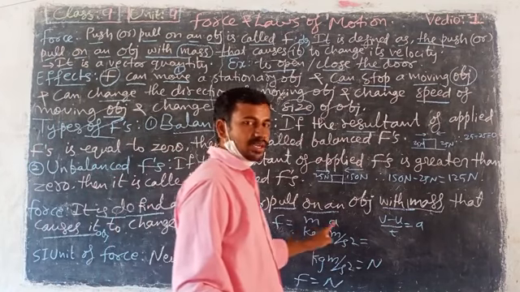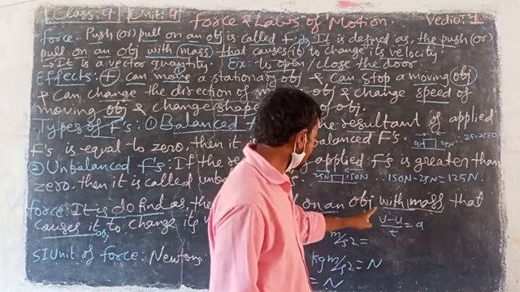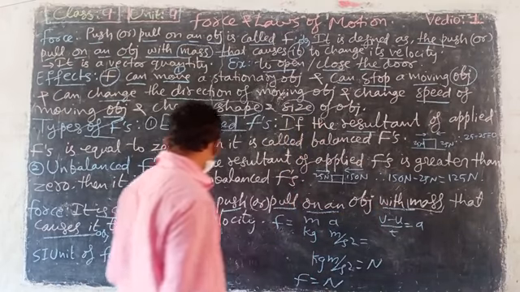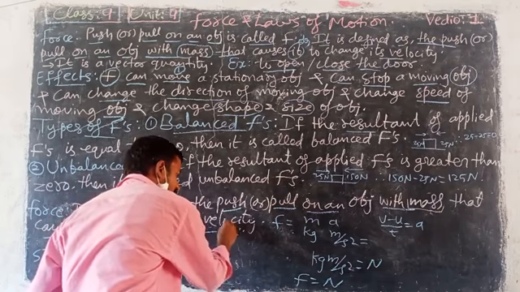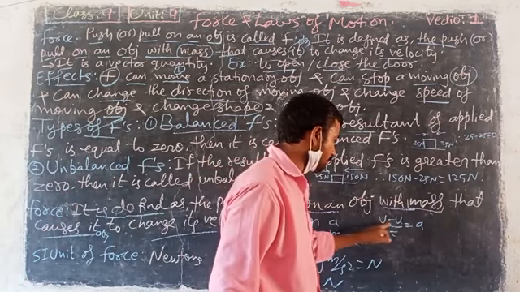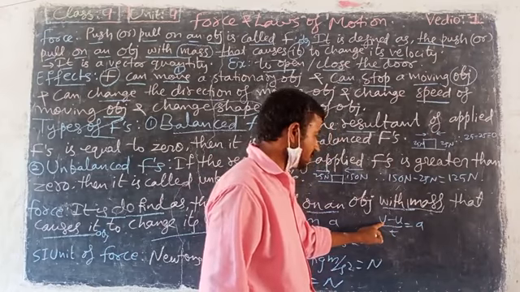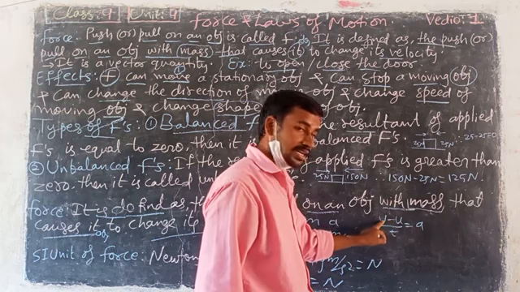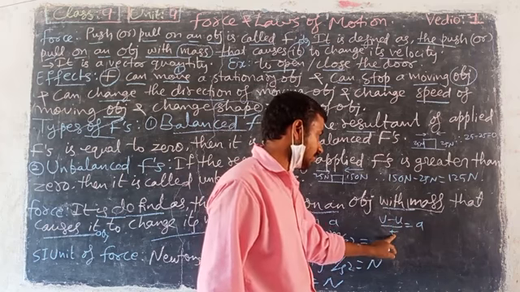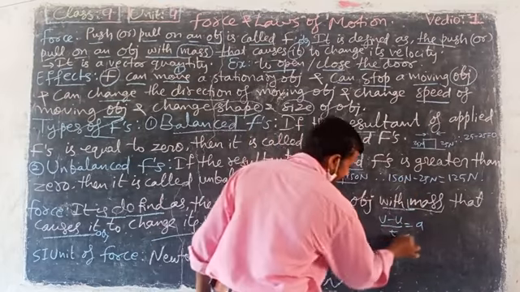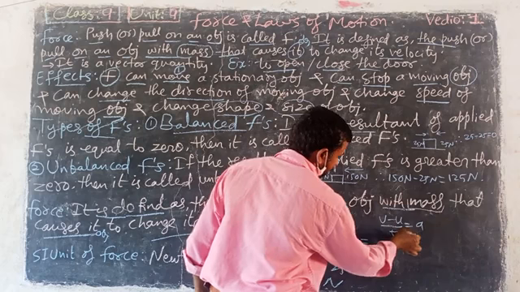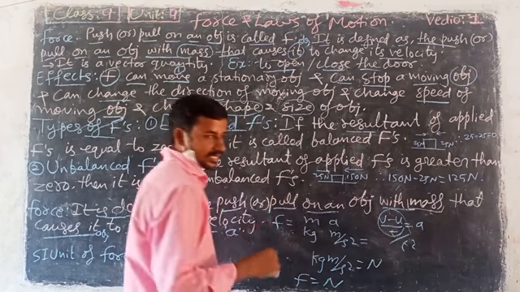F is equal to ma. Already I have written here change in velocity. Change in velocity comes from acceleration a. Acceleration a means v minus u by t. Final velocity minus initial velocity by time is equal to acceleration.